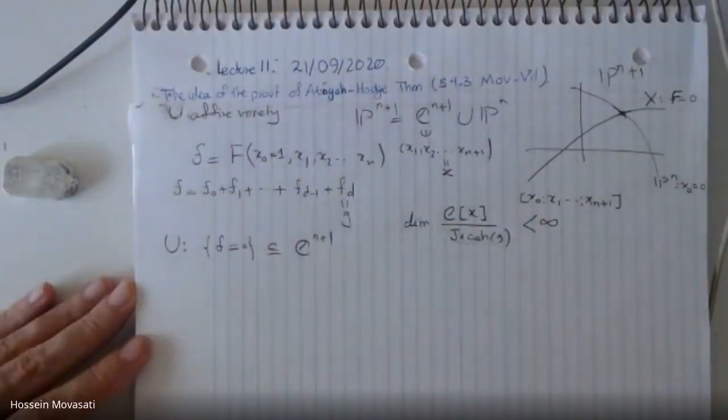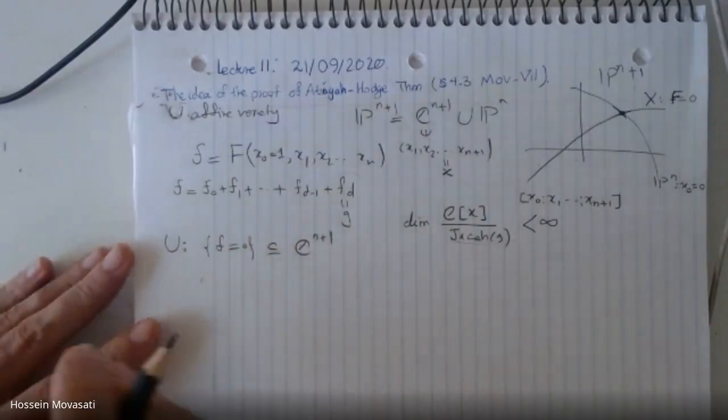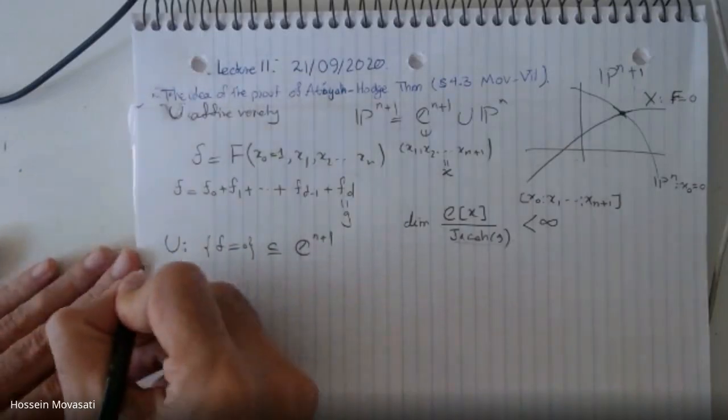Last time I mentioned the first idea. Maybe from now on I choose the notation that I have used in the proof of the Atiyah-Hodge theorem.